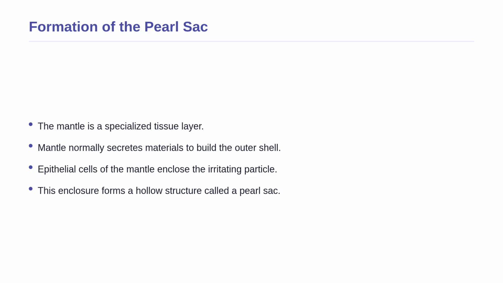They completely surround and enclose the trapped particle, isolating it from the rest of the body. This newly formed, hollow cellular structure is known as a pearl sac. Creating this sac is essential because it creates a controlled environment where the bivalve can safely neutralize the threat.